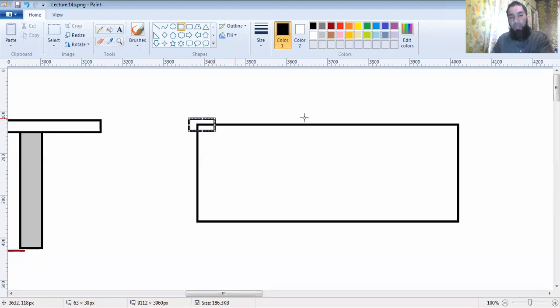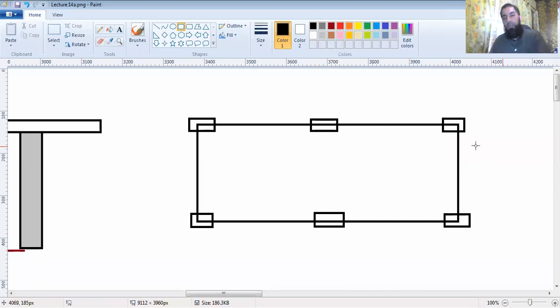Its columns would be like this, because you have a greater load on one side and lesser load on the other side. So its columns would also be in the direction. Then in that case, first of all, you have to check how much is the ratio between these sides of the building.